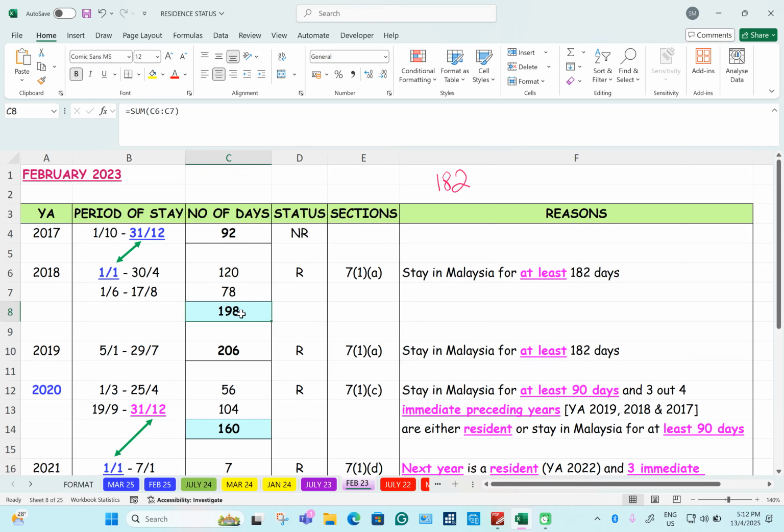Okay, first condition is done. Second condition for January: starting from 1st January until 30 April, how many days do we have? 120. It is not enough because I need 182. So what should we do? We go down to the second layer of the date. Make sure the period is consecutive.